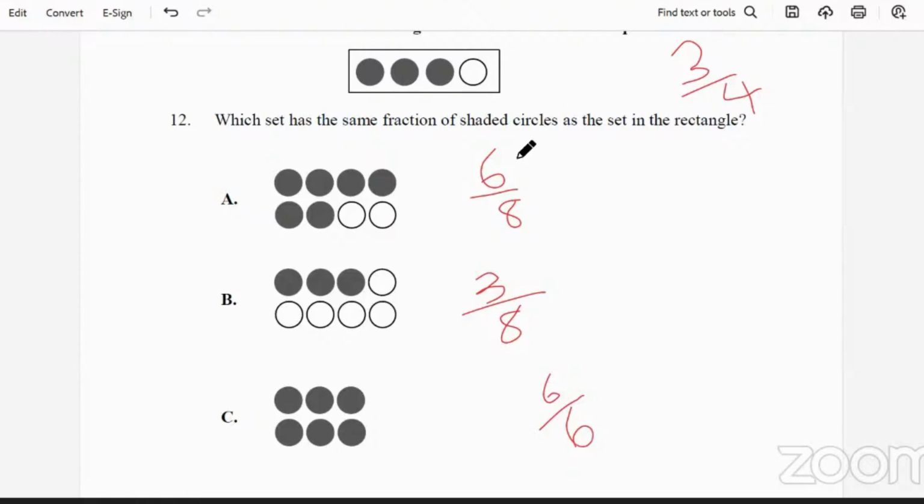If we divide both numbers, the top number and the bottom number, by the same number, we could divide both by 2. This gives you 3/4. That's the same. This one we could not find a common factor to divide both of them. And 6, of course, I could divide both by 6, and that gives me 1, because 6 out of 6 is the whole thing. So, of course, this would not be the same because not everything was shaded in the set in the rectangle. So the answer, based on what we have been doing, would be A.